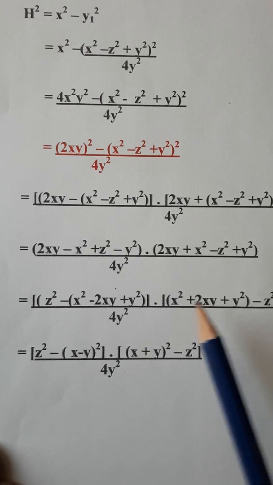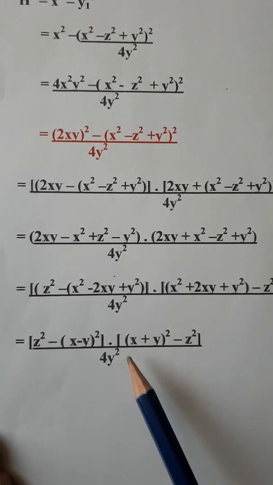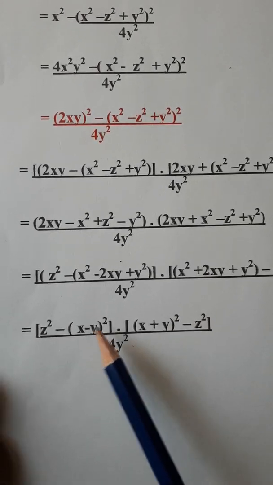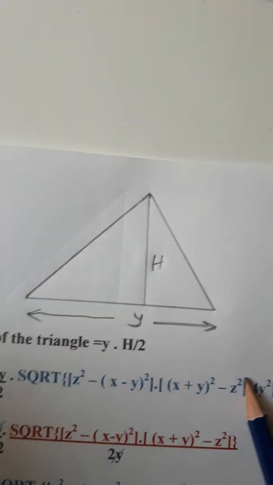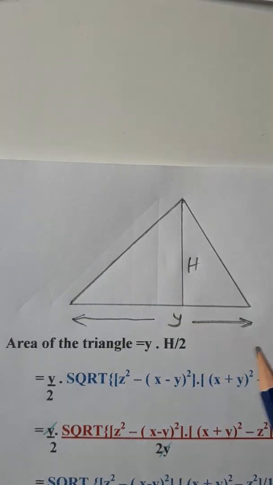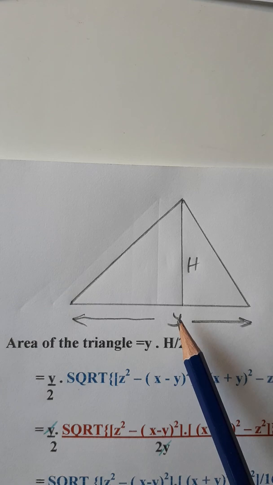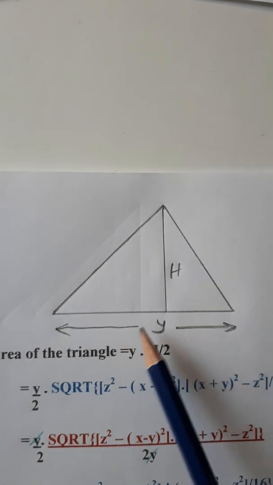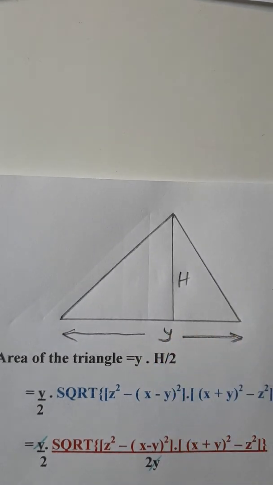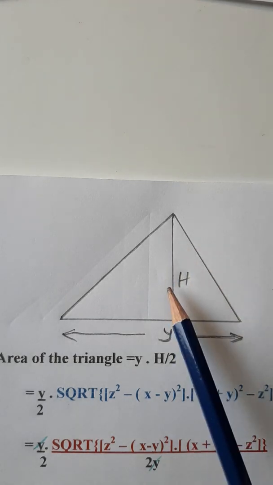This part becomes (x plus y) squared. Then next, on the next paper, we can do another difference of squares. And then we know the area of the triangle is finally y times h divided by 2.